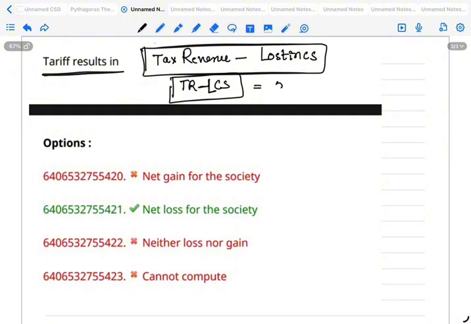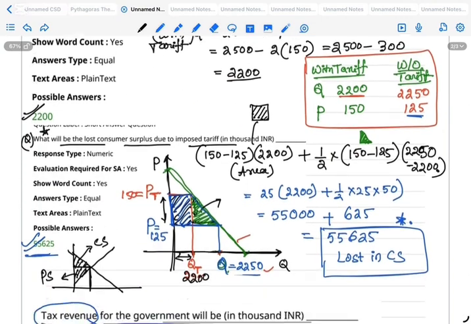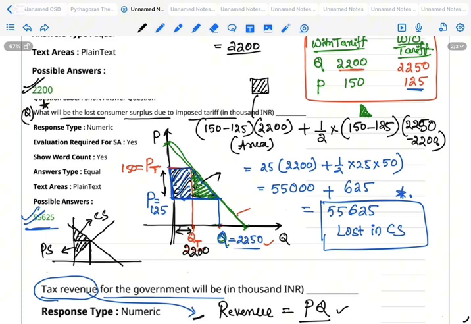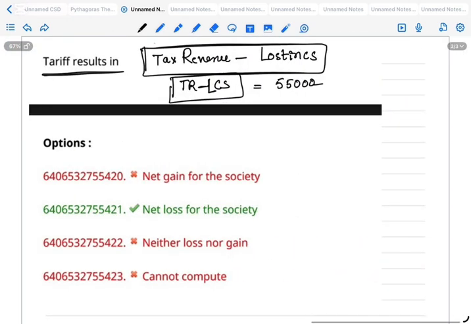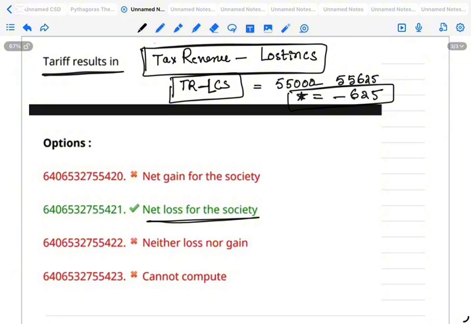So 55,000 minus 55,625 equals minus 625. This is important: a minus result means a net loss for society. If it is plus, it is a gain. If it is a neutral value, it is neither loss nor gain. Here it is minus, so it is a net loss for society.